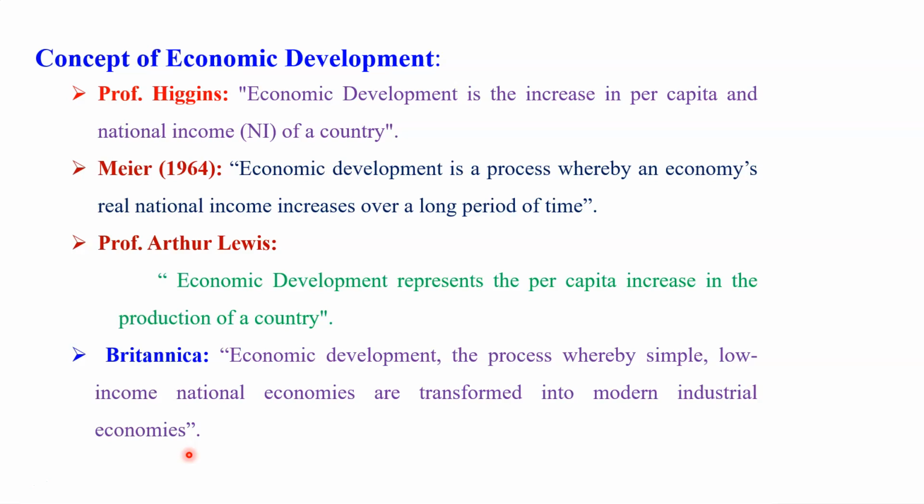There you will observe a great increase in the national income of that country and the per capita income of the country. Then we can say yes, there is economic development.